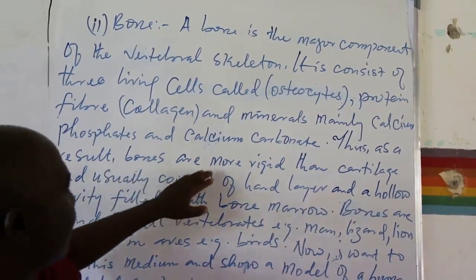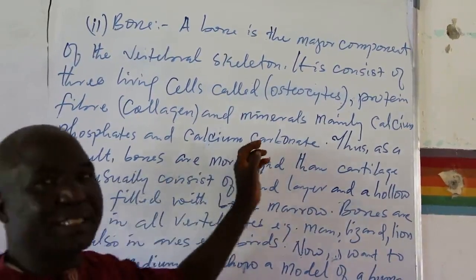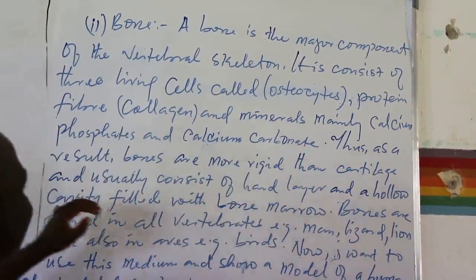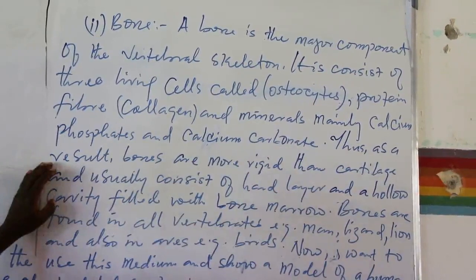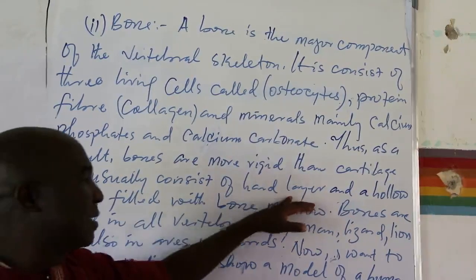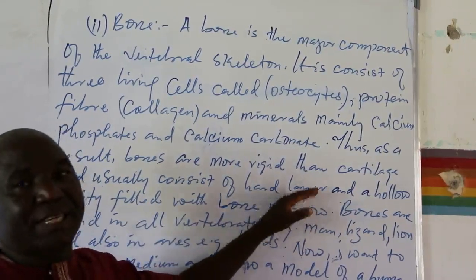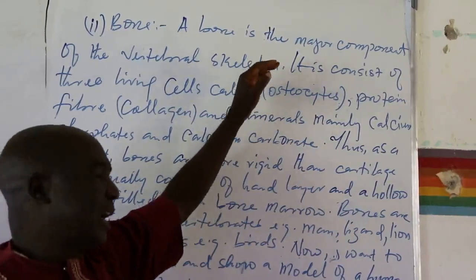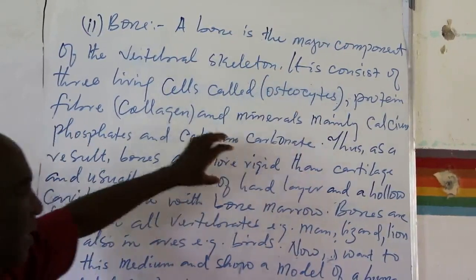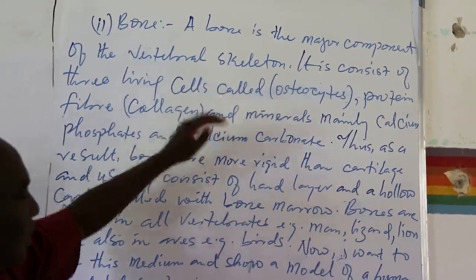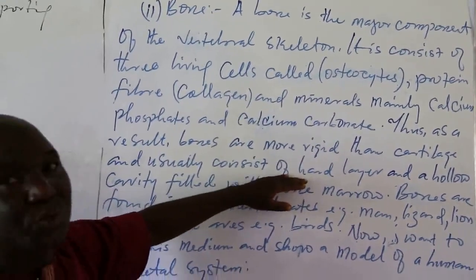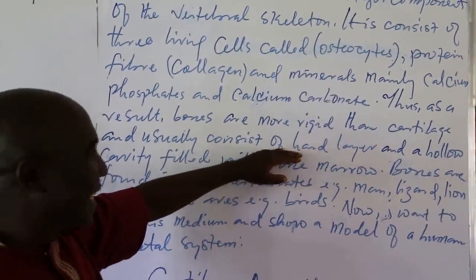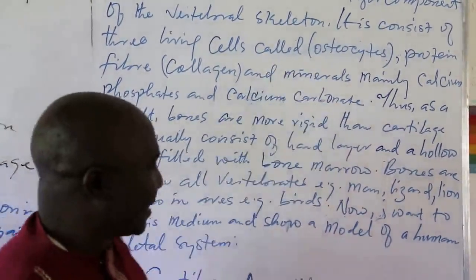Bones are more rigid than cartilages, and usually they consist of hard substances. That's why I said the minerals contained are calcium phosphate and calcium carbonate. They make the bone hard, and harder than the cartilages.